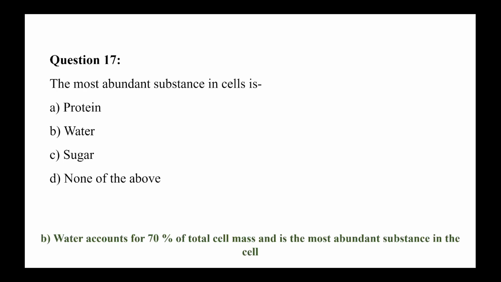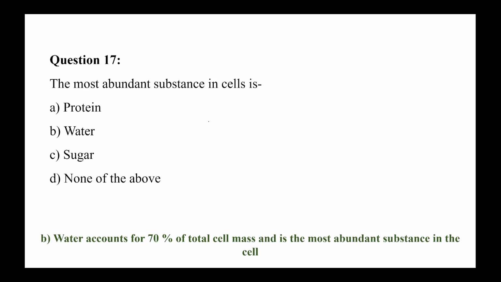So remember that I told you the protein is present in most abundant form in the dry weight of the cell. So 55% of the dry weight of a cell was protein, but 70% of the total mass of the cell is water. So dry weight of the cell is basically 30%.